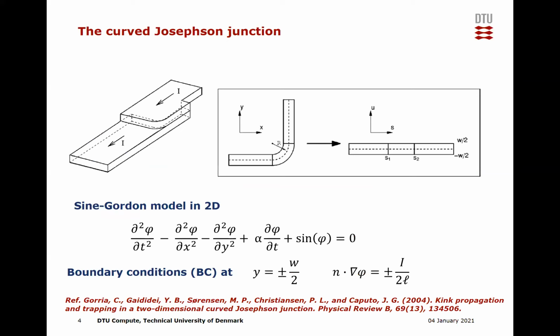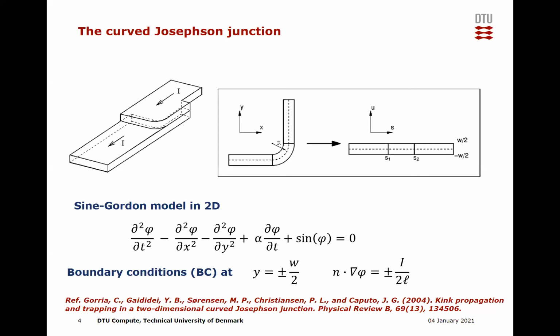So the type of curved Josephson junctions we looked at was this geometry here. The barrier I have shown in the right figure, and there's a straight line, and then there's a curved part, and then there's a straight line again.